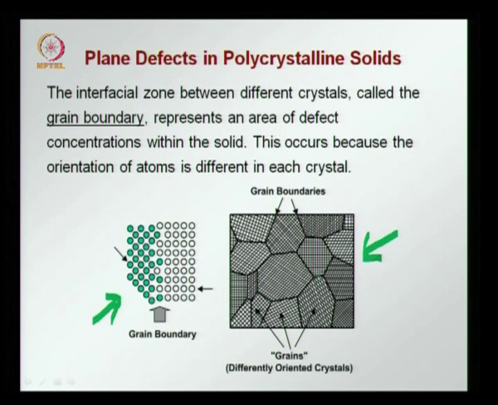So at those planes the interatomic spacing will be larger than that corresponding to the minimum energy. So you have higher energy at the grain boundaries, and as you know, higher energy means that there is instability.